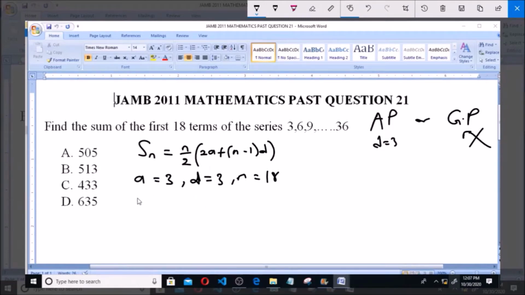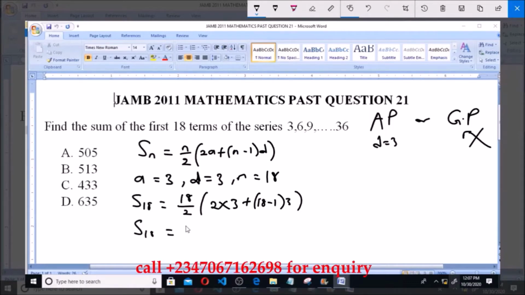So therefore we say S18 is equal to 18 all over 2 into 2 multiplied by the first term, which is 3, plus 18 minus 1 multiplied by 3. Now S18 is equal to 18 divided by 2, which gives us 9, into 6 plus 17, that is 18 minus 1, multiplied by 3.